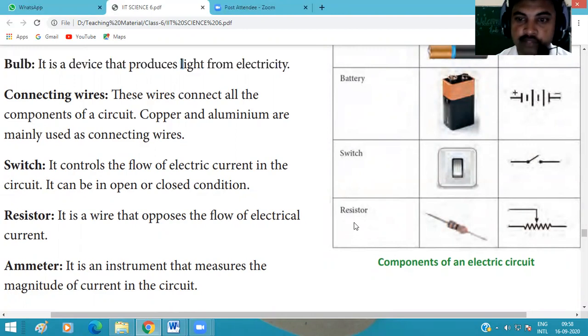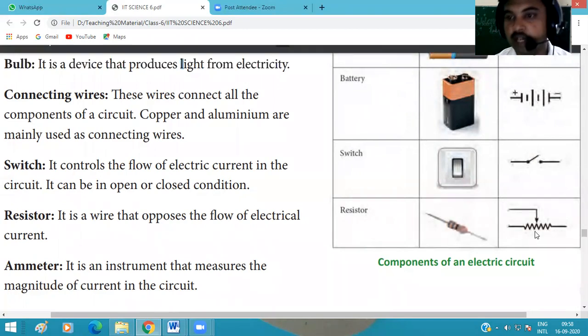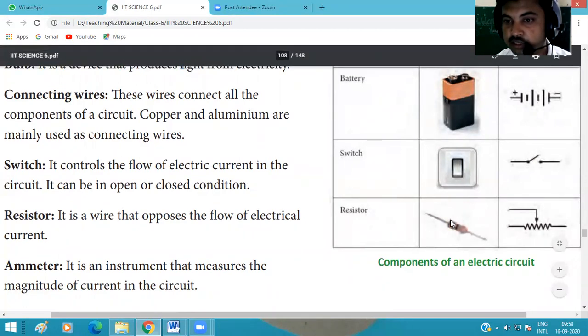And a resistor is used. A resistor opposes the flow of electricity. The resistor looks like this, and we draw it in the electric circuit like this.